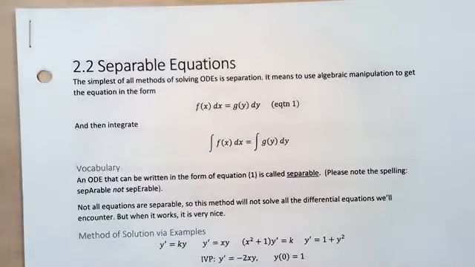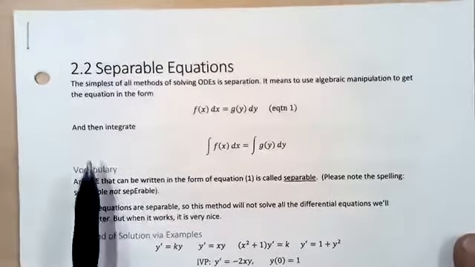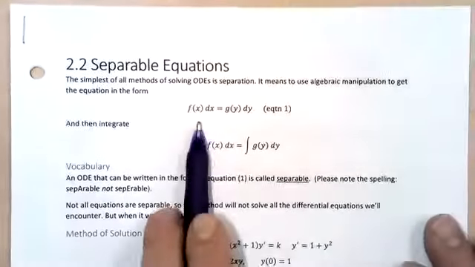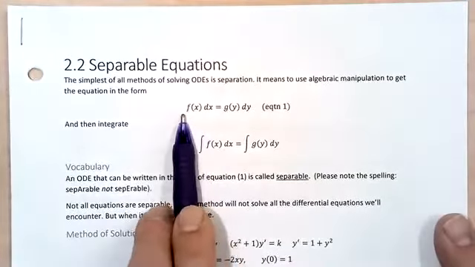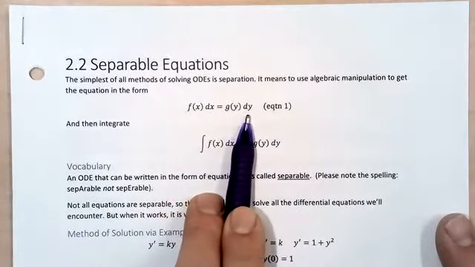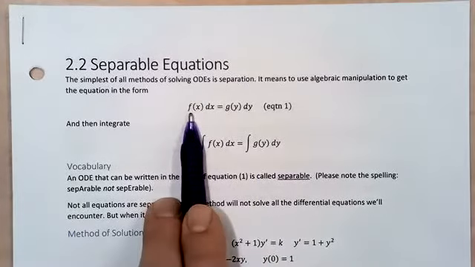Okay, we are going to begin by learning to solve some differential equations. The first kinds that we're going to be looking at are called separable equations. Those are equations that you can get into this form: some function of x times dx equals some function of y times dy. The point is you can get the variables separated, one variable exclusively on one side of the equation, the other variable exclusively on the other side.